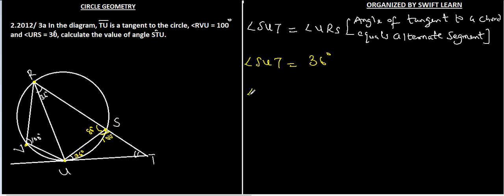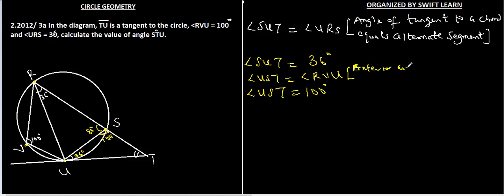So how will I write this? I'll write UST is equal to 100 degrees. Why? Or I should have written UST is equal to what? RVU is written here. You can just copy them. Why? Because exterior angle is equal to interior opposite angle.